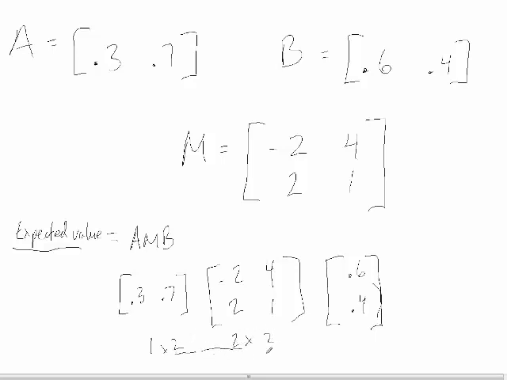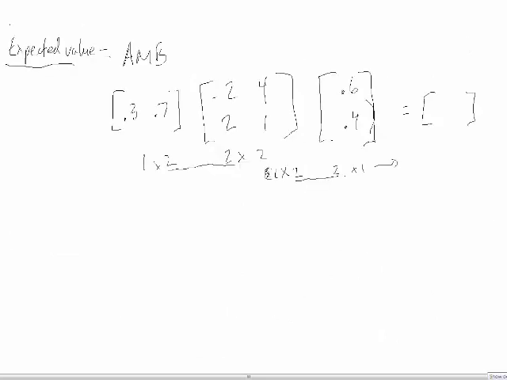That works, and the solution will be a 1 by 2, and that'll be multiplied by a 2 by 1. That works, and then the solution will be a 1 by 1 matrix, or just the expected value.